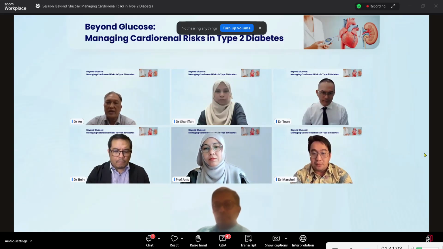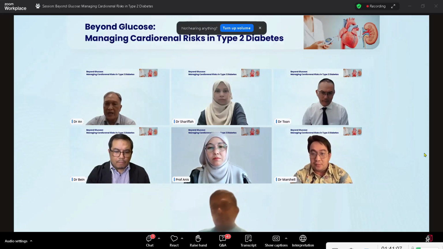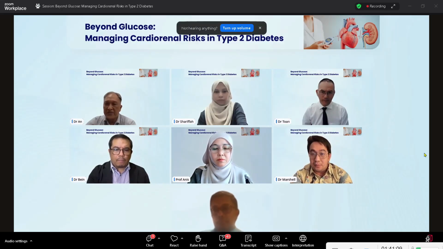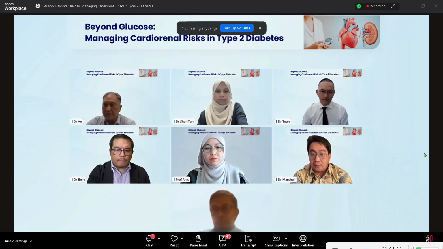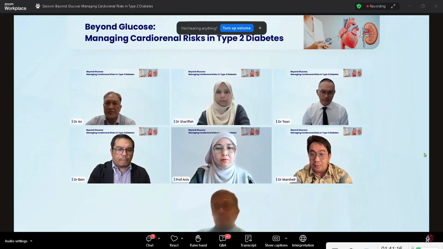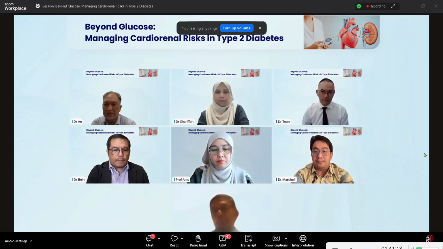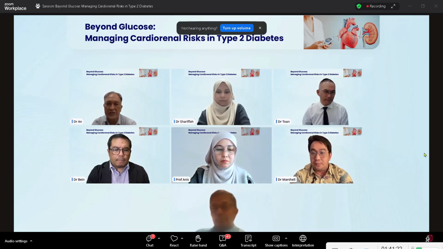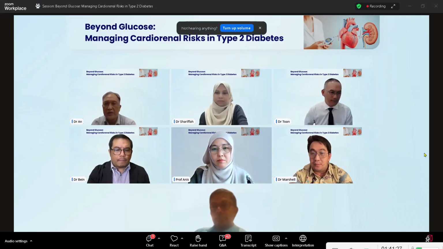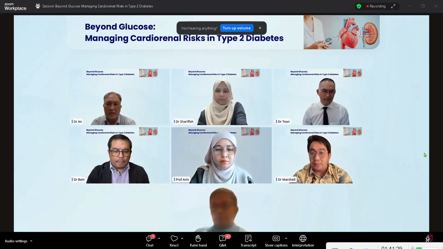The third one, SGLT2 inhibitors and GLP-1 receptor agonists are dual benefit therapy when available. That's very important. We can include this approach in cardiovascular stratification, early scheduled screening, in regional research, and also in training topics for our region in all of Southeast Asia.